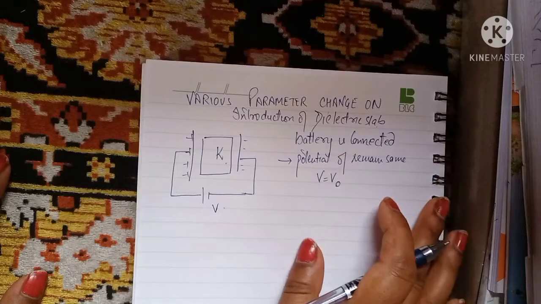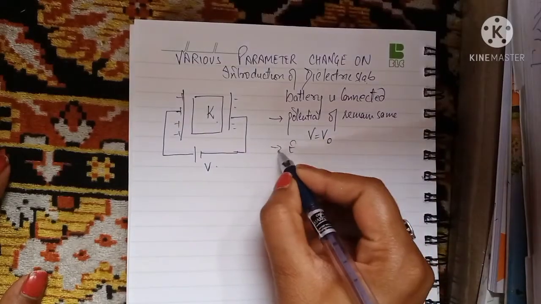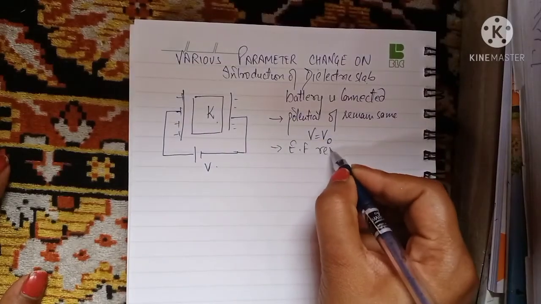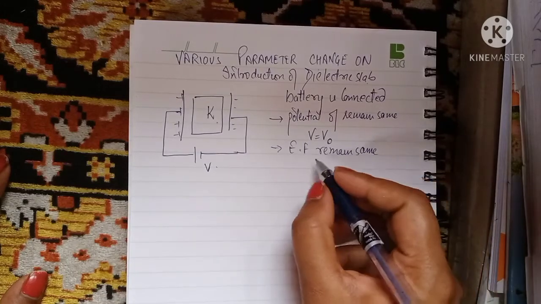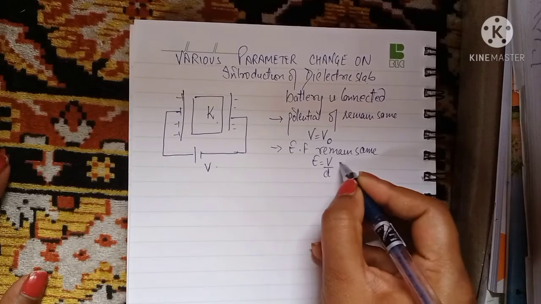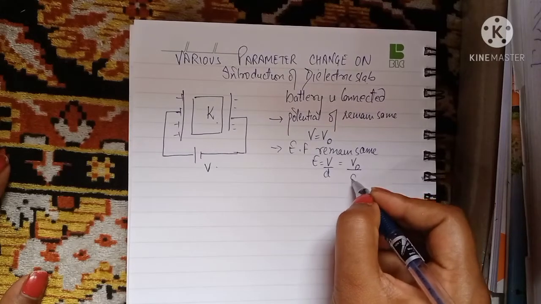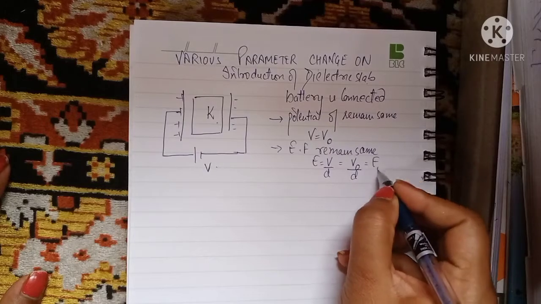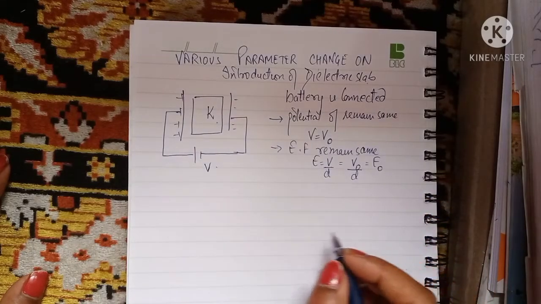Electric field is also going to remain the same. Why? Because we know there is a relation of potential and electric field, E is equal to V by d. So if V is the same, V equals V naught, and d is the same, then it can be written as E naught also. That means it is going to remain the same.